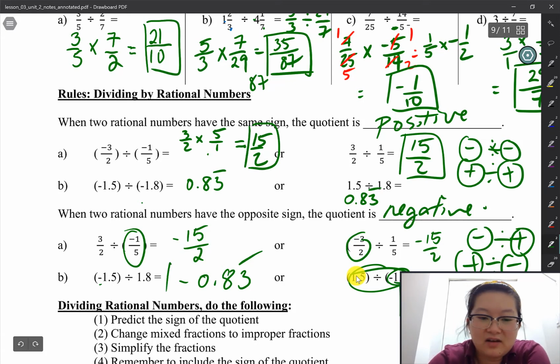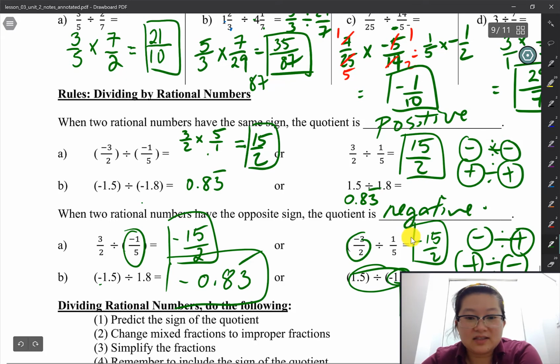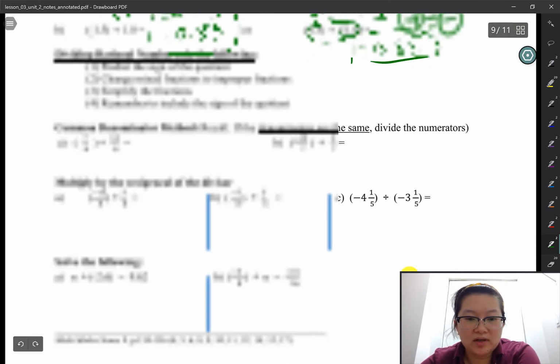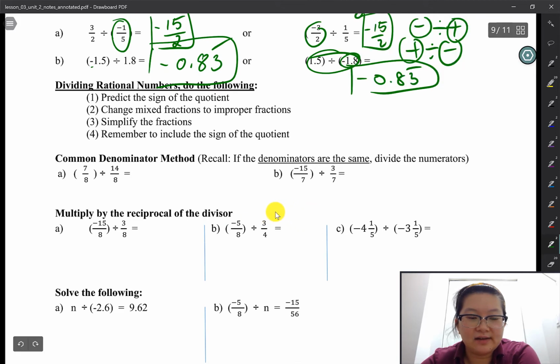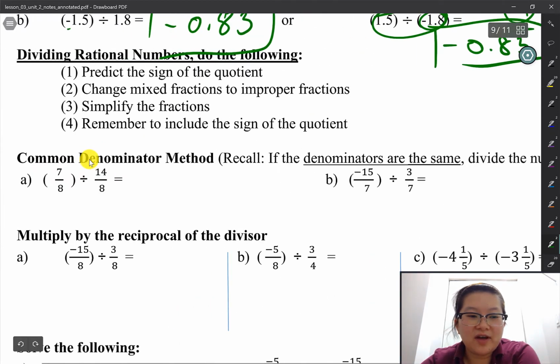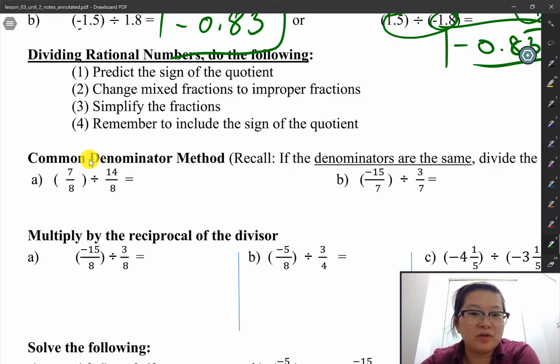Okay, here we go. Next up we have some more examples. Here it's a little shortcut. Again, I'm only a fan of the shortcuts if you've done a lot of problems and you're comfortable with it, but I would just say that whenever you're doing math, go with the basics.